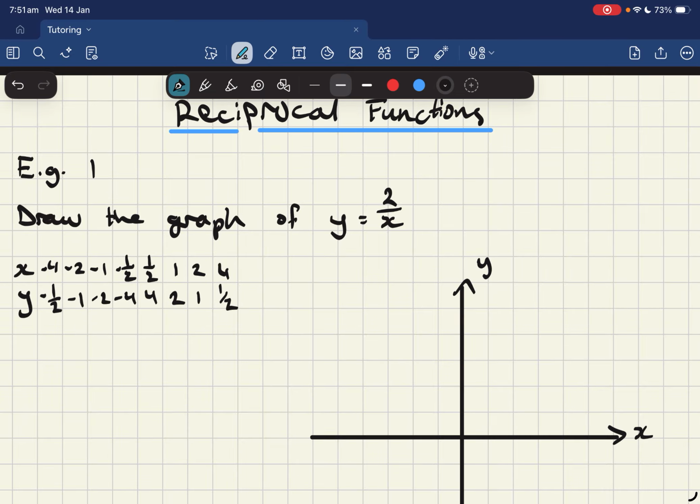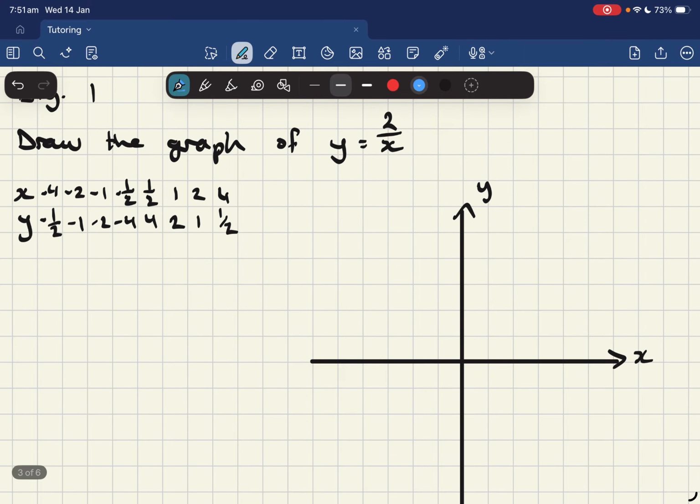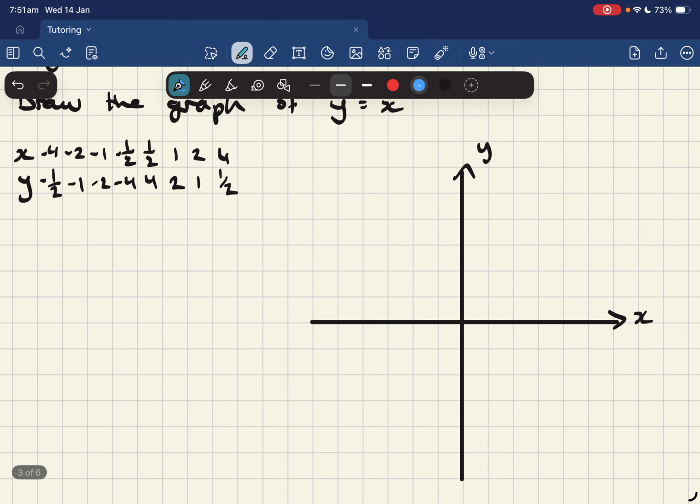Now, once I get these, I'm going to plot this. When x is -1/2, y is -4. Actually, I've got this the other way around. When x is -4, y is -1/2.